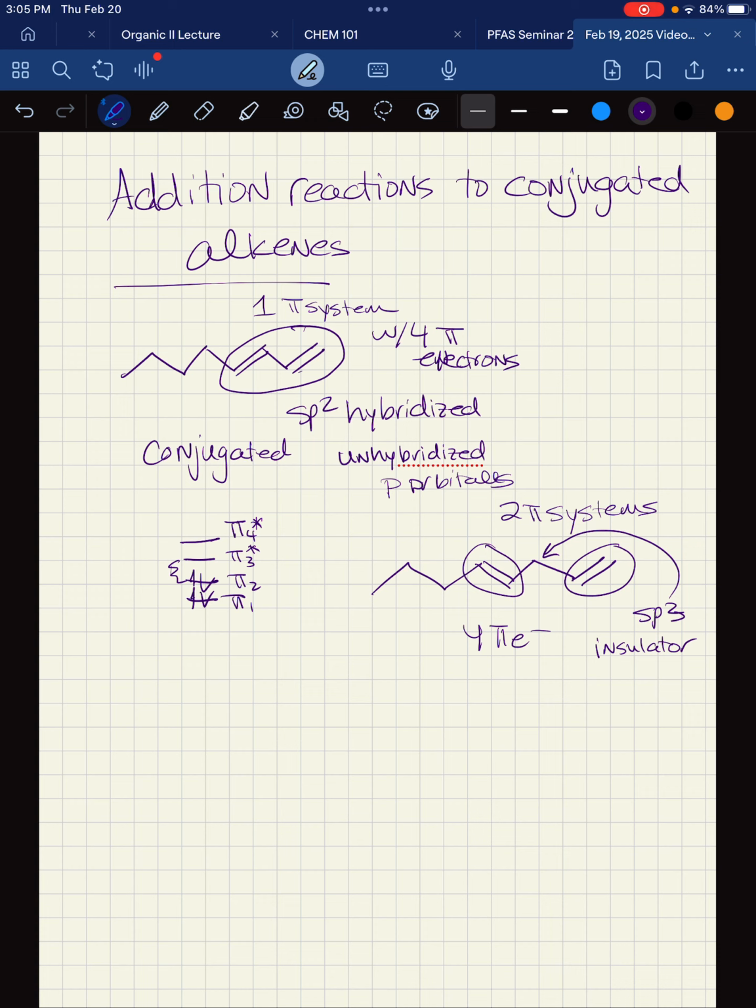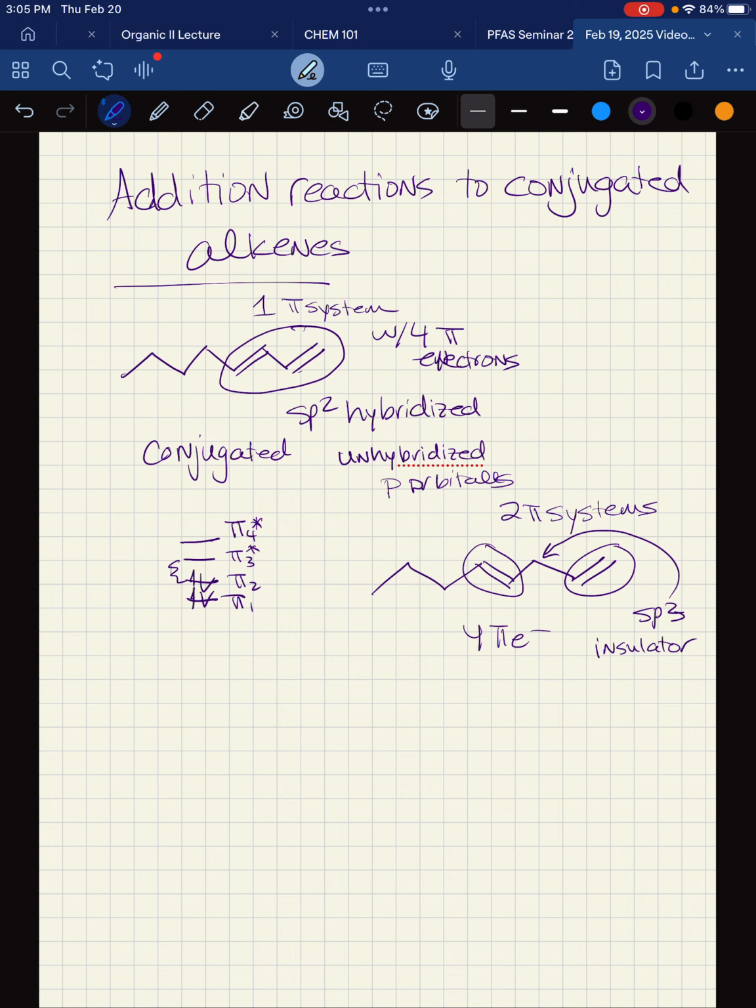And so these are going to be 2 isolated pi bonds. Now, these are going to have very similar energies. These particular ones would not have identical energies because they are a little bit different.